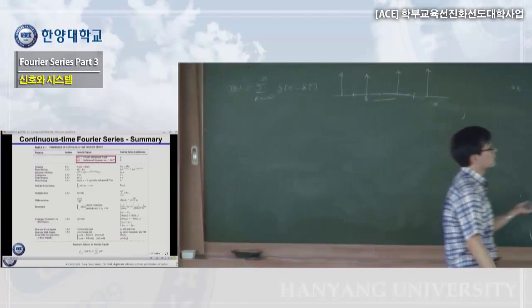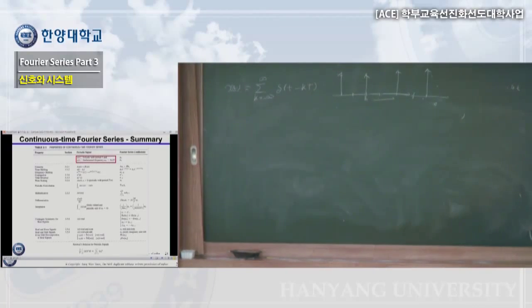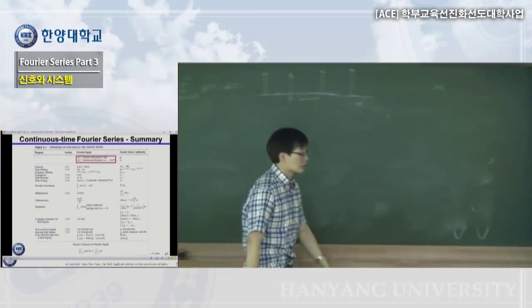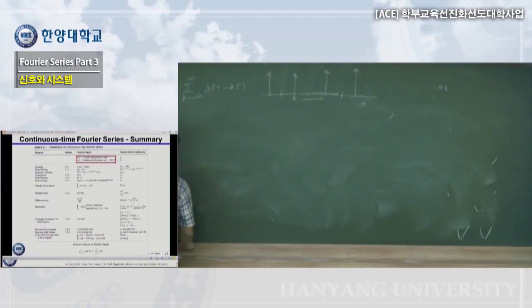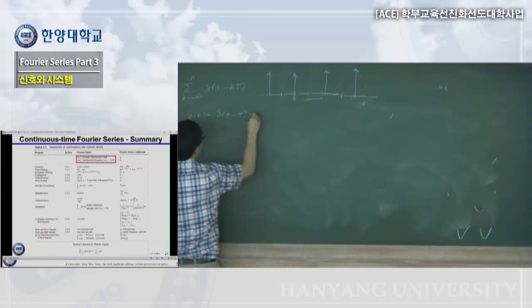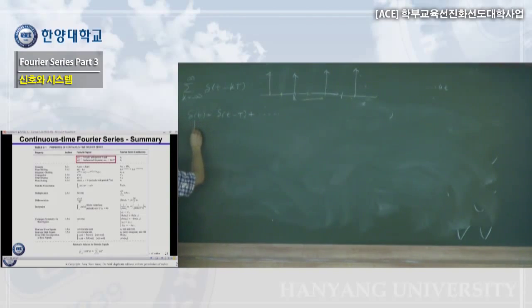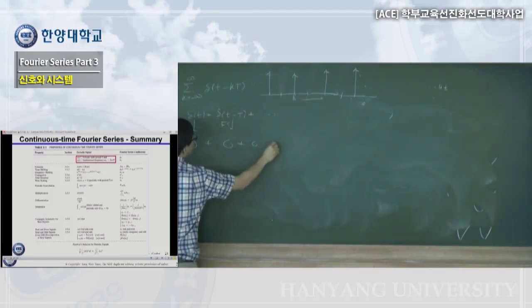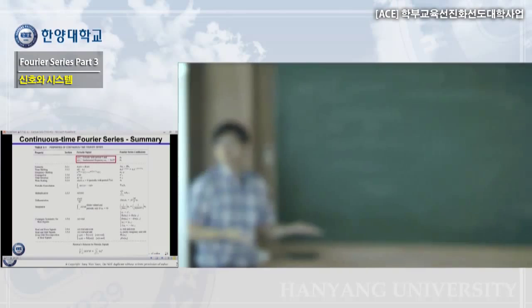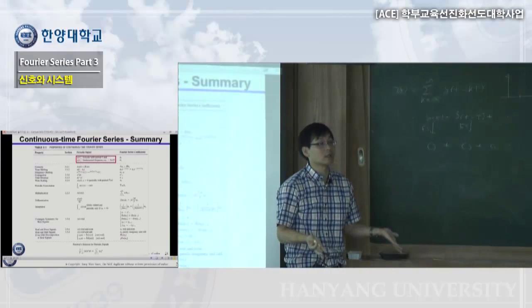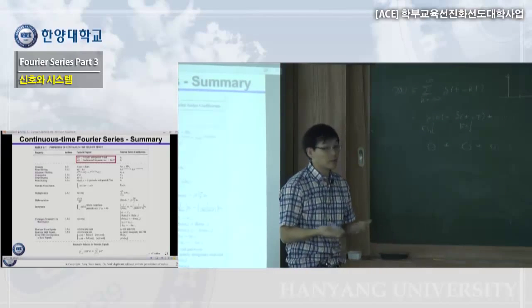So let's bring our linearity property. The linearity property is that we can divide them into delta t minus kT, find the Fourier series of each, and then add them together. Then we can still find the Fourier series coefficient. That's the linearity property we have. What else can we use?